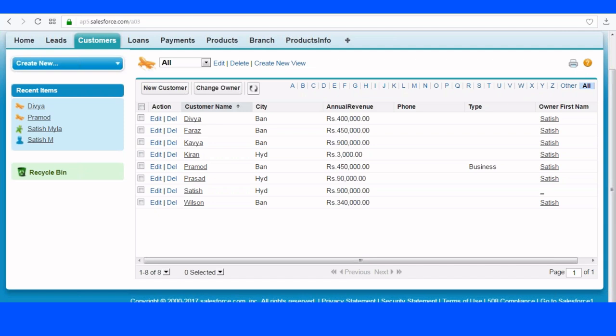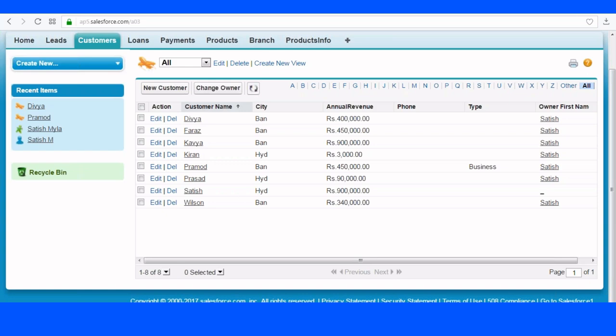Records owned by the users who belong to a given public group, or by a queue, are shared with the users who have a given role and subordinate, public group. Are you getting my point? With what permission? Read and write permission.